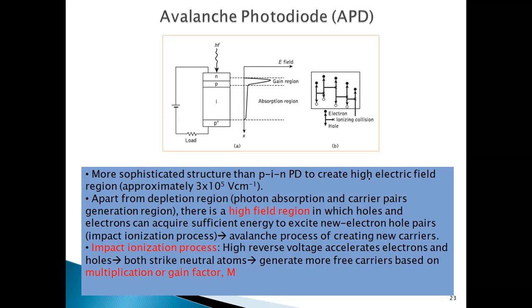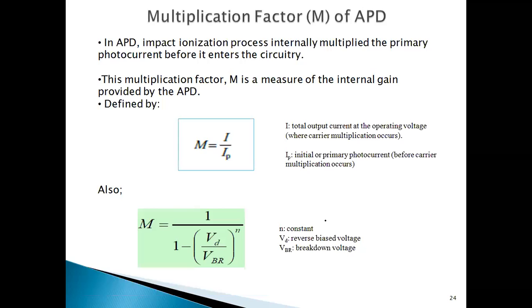So this is a characteristic of the avalanche photodiode, and hopefully by now you understand the difference between the PIN photodiode and the newly covered avalanche photodiode, which is under the category of photodiode with internal gain.